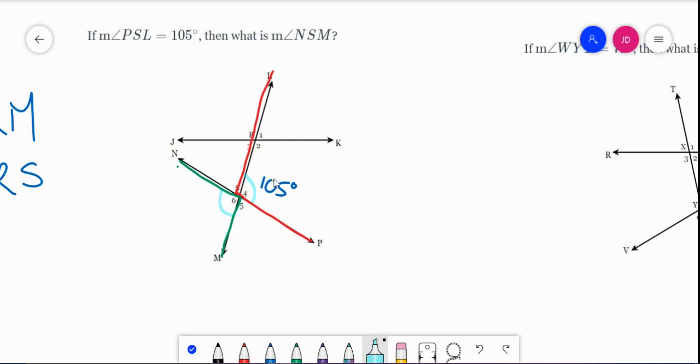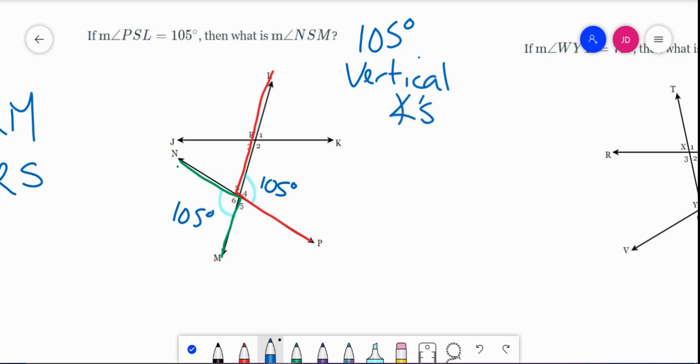So if this is 105 degrees, that means this is also going to be 105 degrees because they are vertical angles, and vertical angles are congruent. Right? They're the same measure. Congruent angles are the same measure. So now we're using some terminology with this.